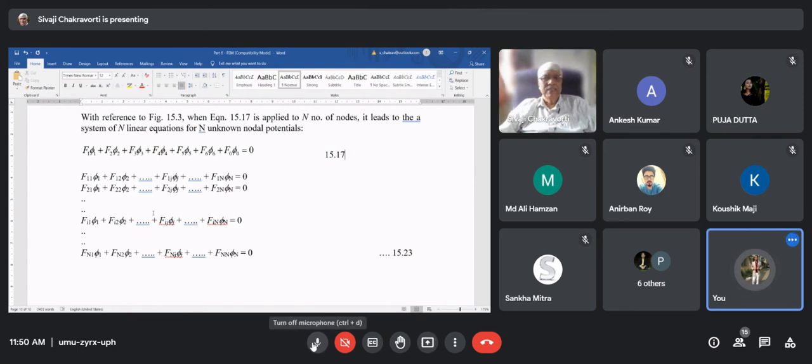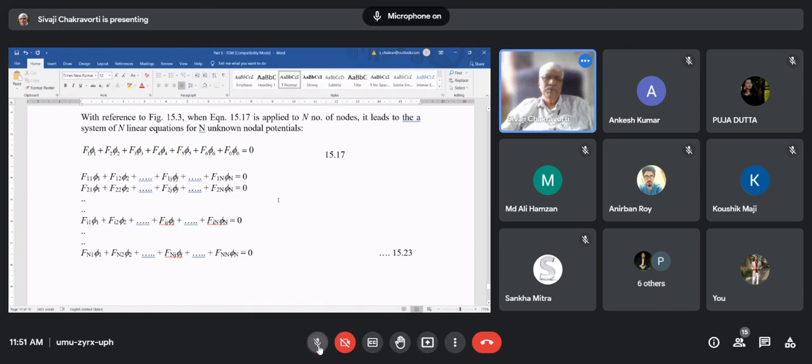Correct. So every row 7 only. There are 1000 nodes, 1000 rows. So 7 into 1000, 7000. Absolutely correct. And what is the total number of elements? It's 10 to the power 6, right?